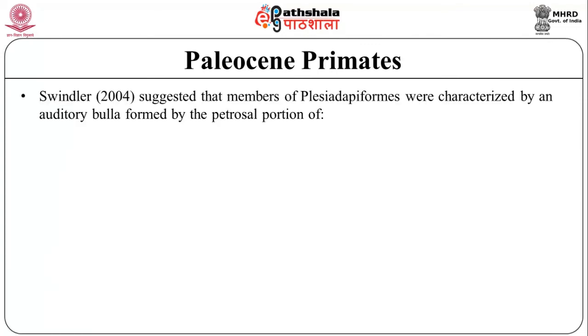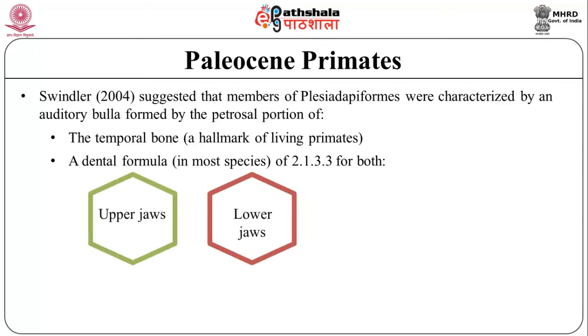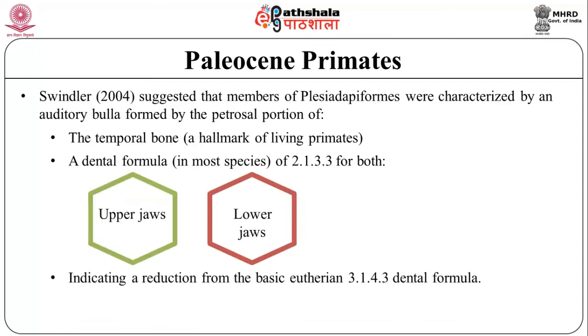According to Swindler in 2004, members of Plesiadapiformes were characterized by an auditory bulla formed by the petrosal portion of the temporal bone, a hallmark of living primates, and a dental formula in most cases of 2133 for both upper and lower jaws, indicating a reduction from the basal eutherian, that is 3143 dental formula.